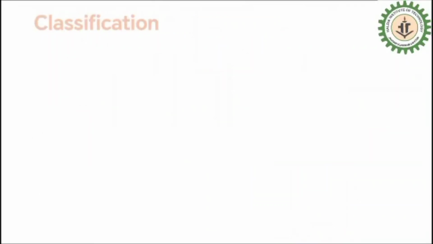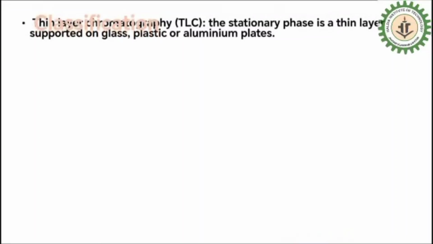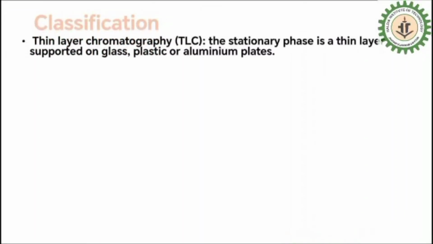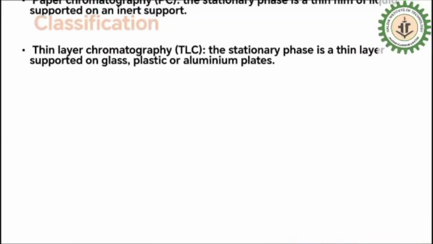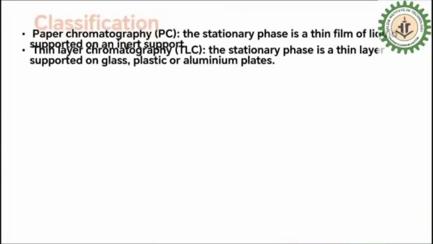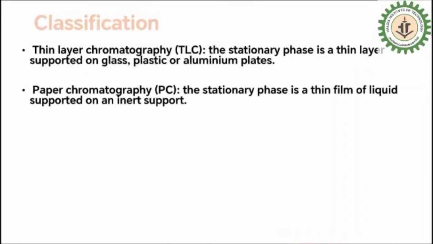Now, chromatographic techniques can broadly be divided in three classes. The first one is thin layer chromatography or TLC. Here, the stationary phase is a thin layer of chemicals supported on glass or plastic or aluminum plates. The next category is paper chromatography or PC. Here, the stationary phase is a thin film of liquid supported on an inert support like paper.